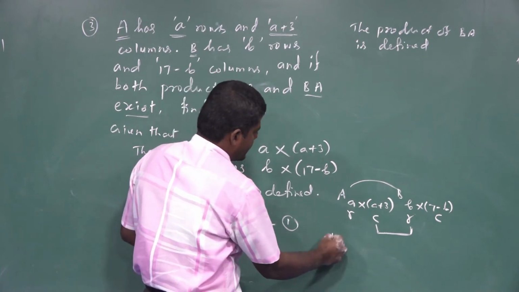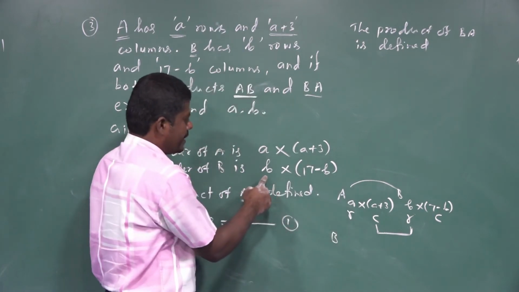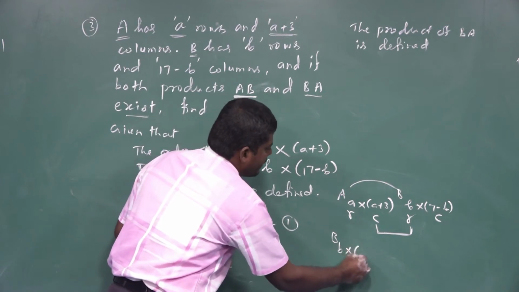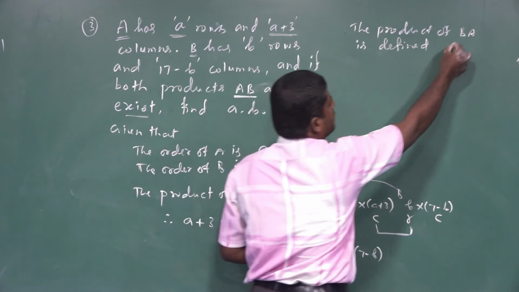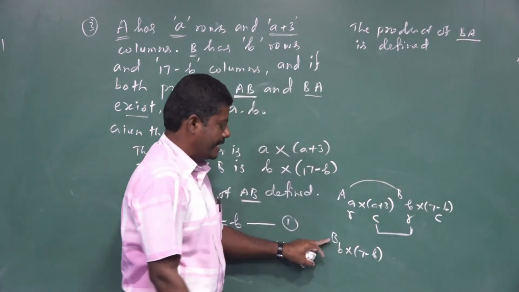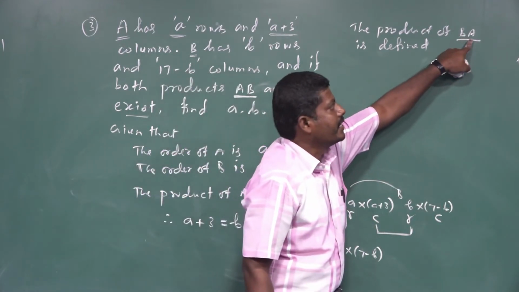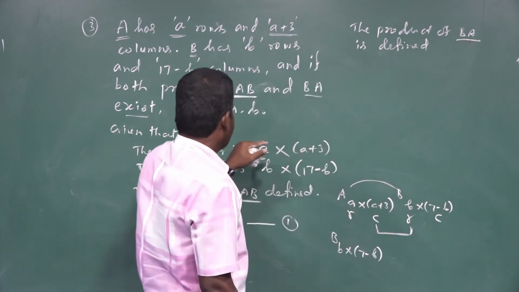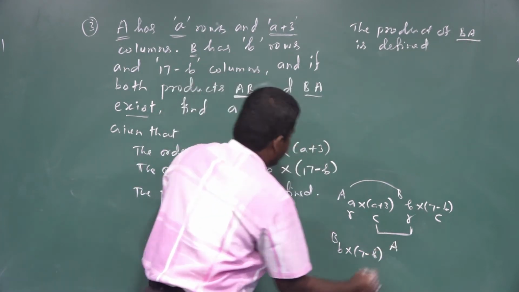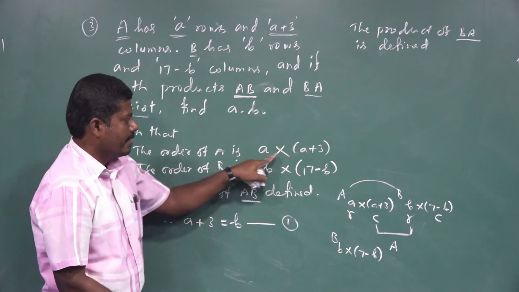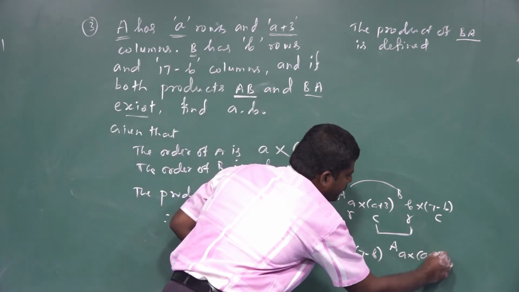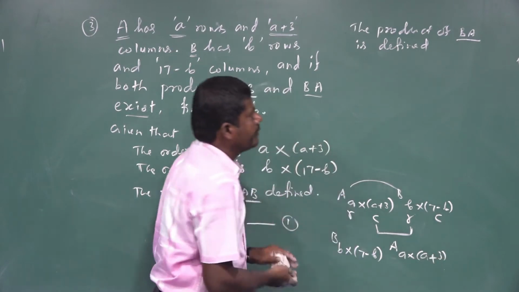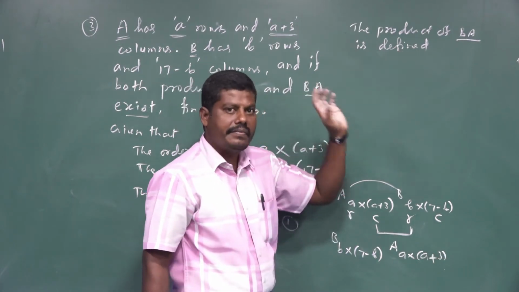First you take the B matrix, order b by 17 minus b. Next you take the A matrix. This is BA, not AB. First you take B matrix, after that you take A matrix, whose order is a by a plus 3. So already given, the product of BA is defined, possible.